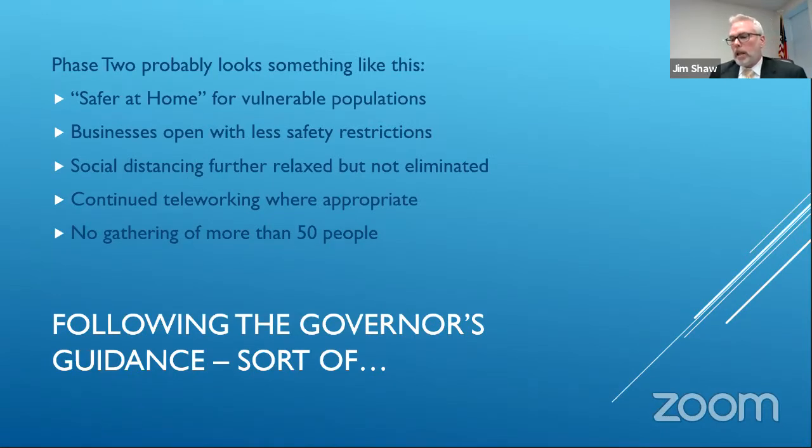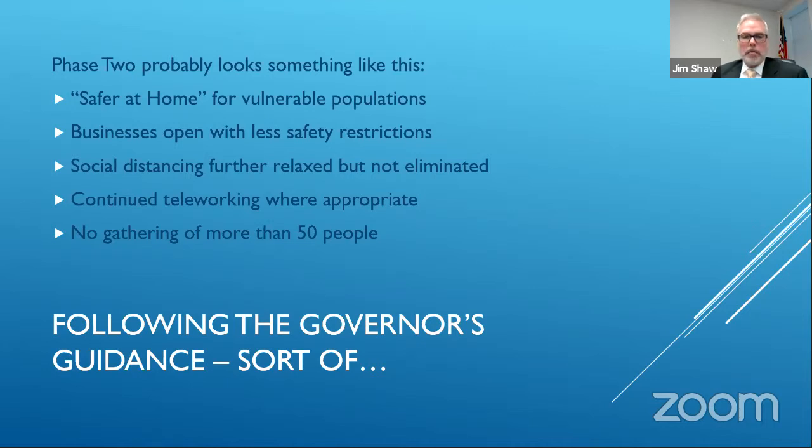The governor hasn't indicated exactly what phase 2 will look like. So we're making some assumptions based on what phase 2 has looked like in other states, what the federal guidance for phase 2 lifting of restrictions looks like, and some of the guidance that has been provided to governors by the CDC. So in phase 2, we would still assume that there is a safer at-home mentality, especially for vulnerable populations, that there would be an easing of restrictions for businesses, but that social distancing, while relaxed, would not be eliminated.